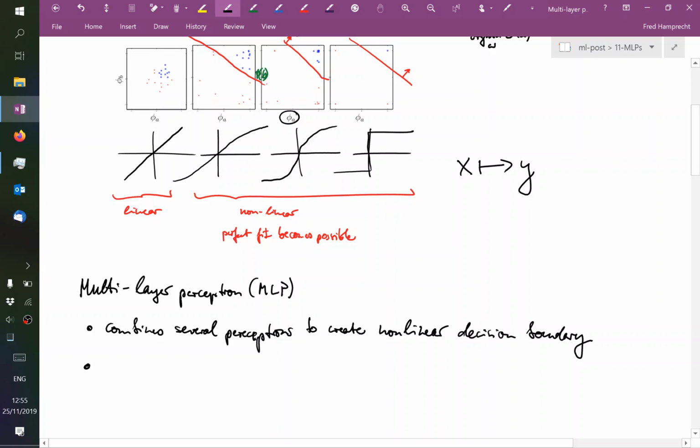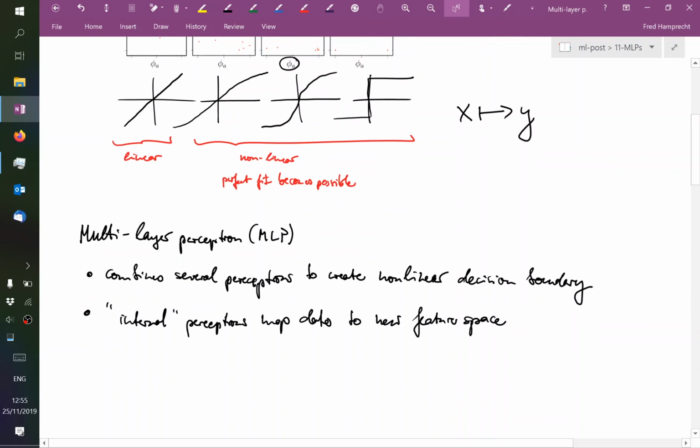And what we've seen is that these internal perceptrons map the data to a new feature space, and this mapping should be nonlinear to do anything interesting.